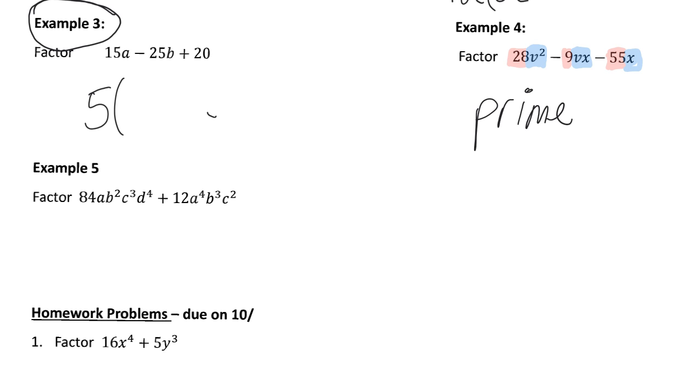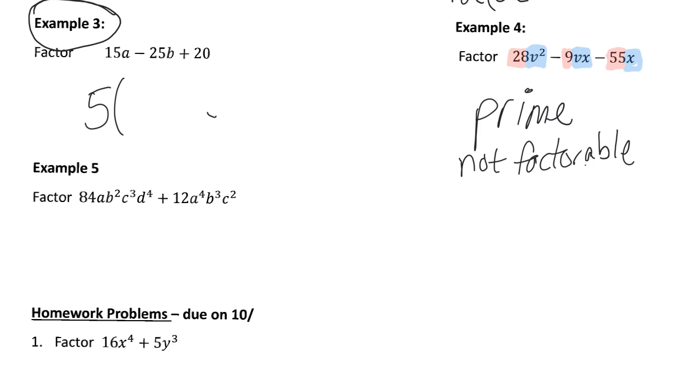So since I can't take a GCF out of these 3, this is not factorable. I spelled that wrong, it's ABLE. So it's not factorable or prime. I will be saying prime, but if not factorable works for you, that's okay.